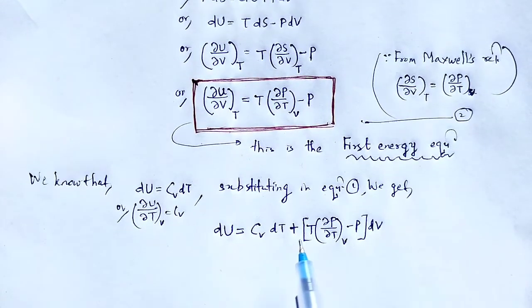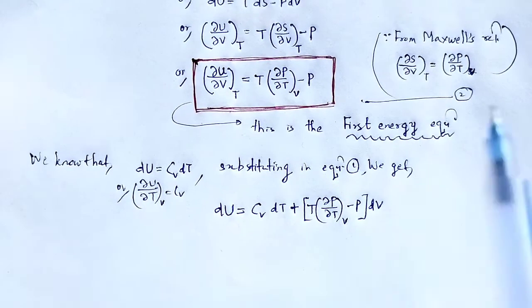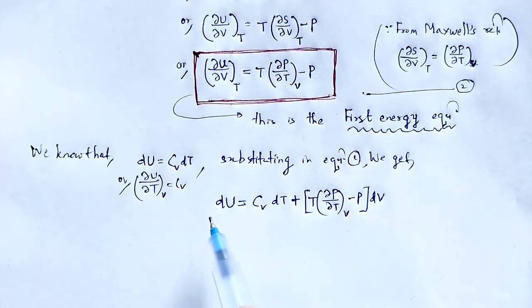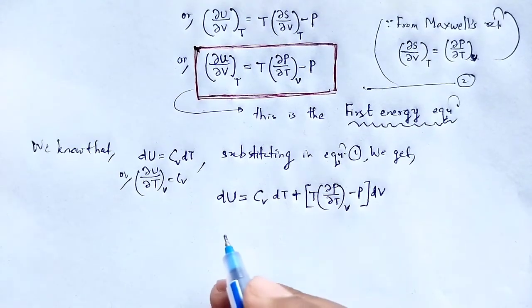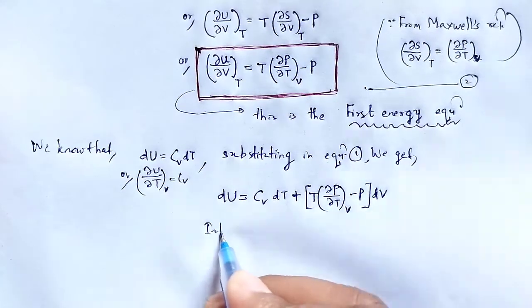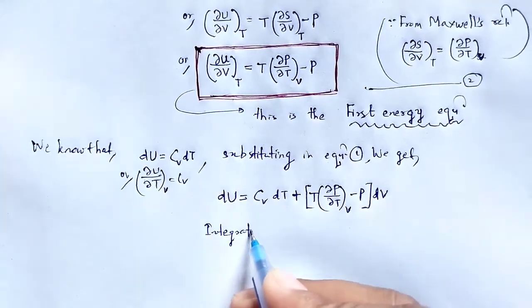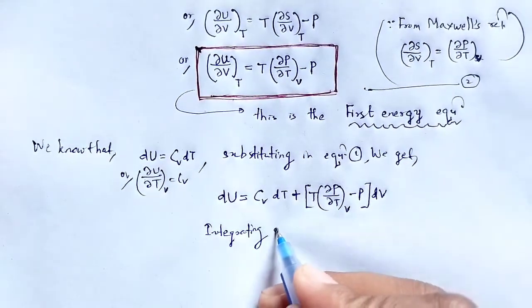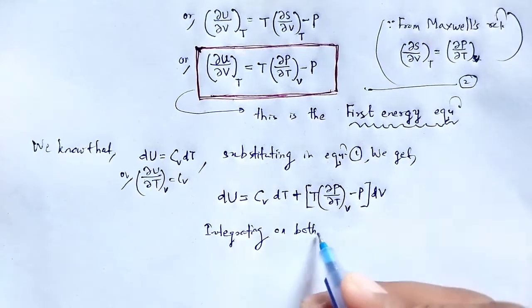To calculate the change in energy associated with a given change of state for a particular substance, we integrate on both sides.